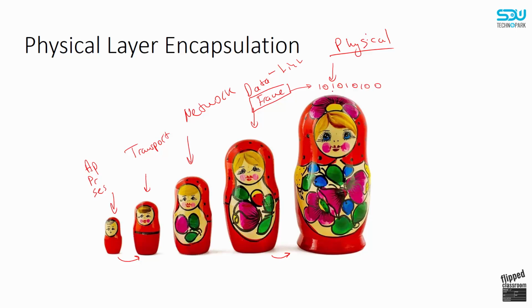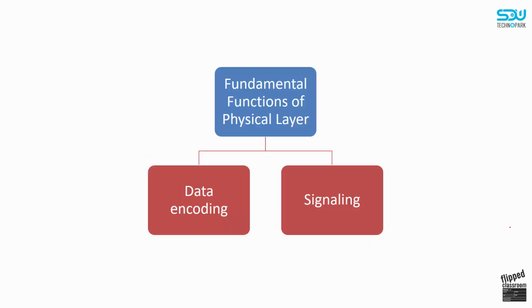Afterward, this binary stream is encoded to the bit code, and afterward it goes to the signal. So some signals are generated on the physical layer.